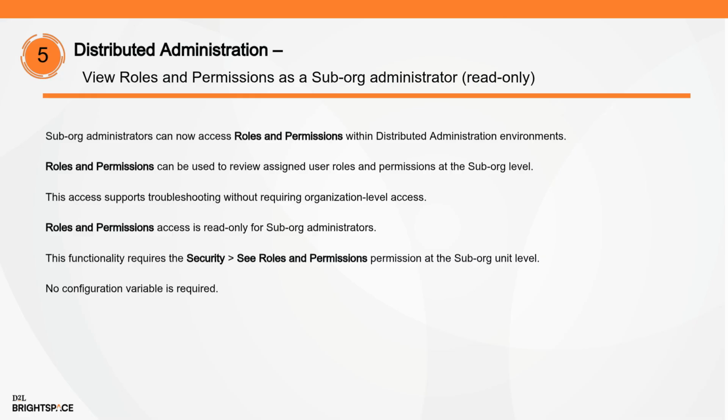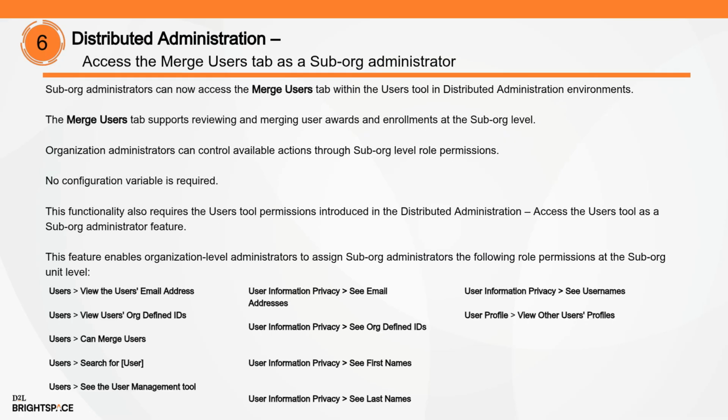Previously, sub-org administrators could not view user roles and permissions from the sub-org level. Available to all clients. To enable, organization-level administrators must assign the Security, See Roles and Permissions permission to sub-org administrators at the sub-org unit level. Sub-org administrators in distributed administration environments can now access the Merge Users tab from the Users tool at the sub-org level.